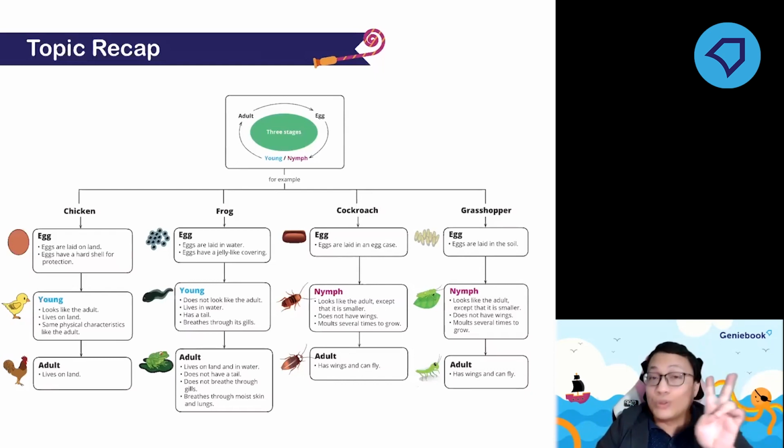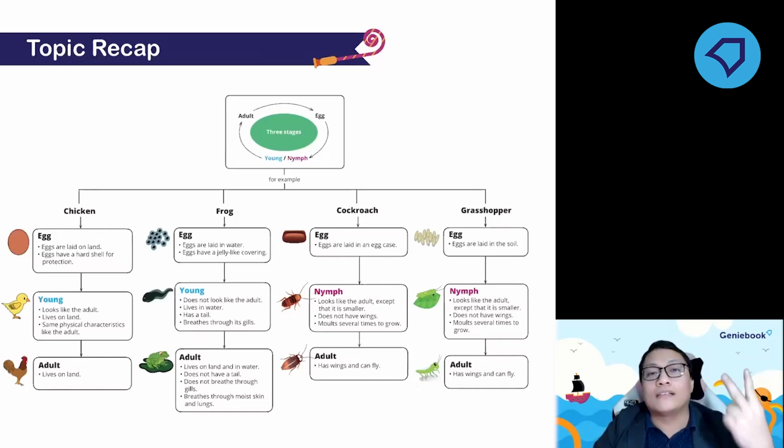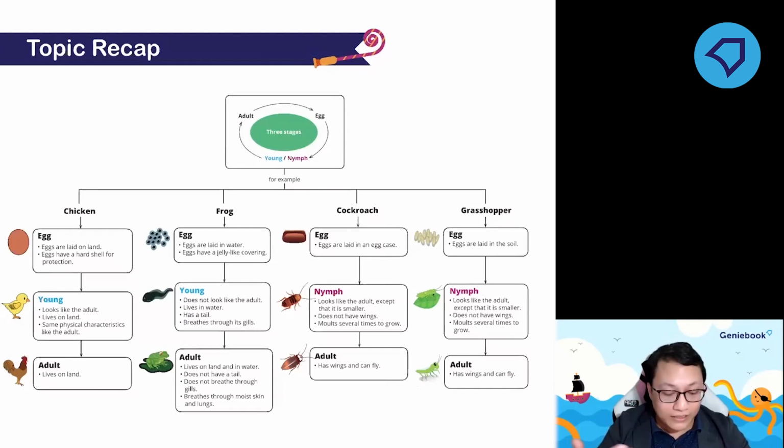So these are the 2 characteristics of the young of the chicken that you need to know. First one, the young of the chicken, or the chick, resembles the adult. And the second one is that the chick is not able to reproduce. These are the 2 characteristics of the chick that you need to remember.